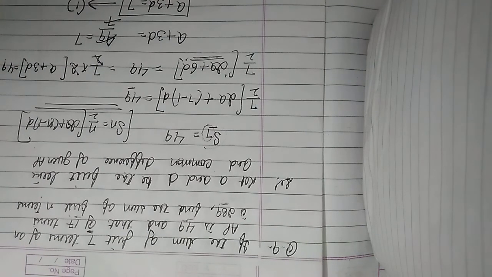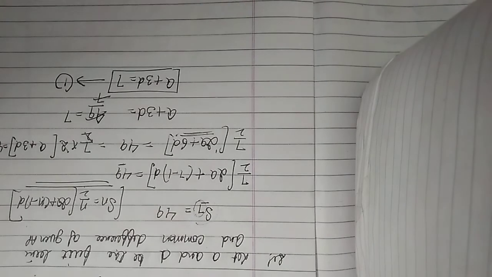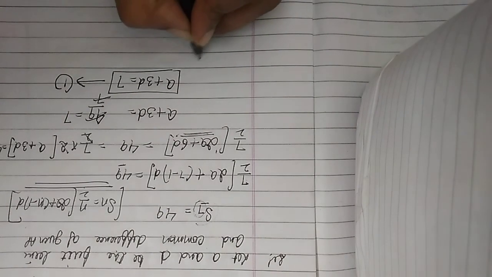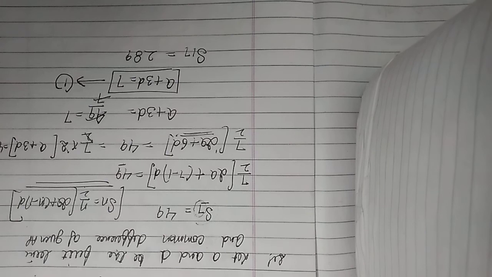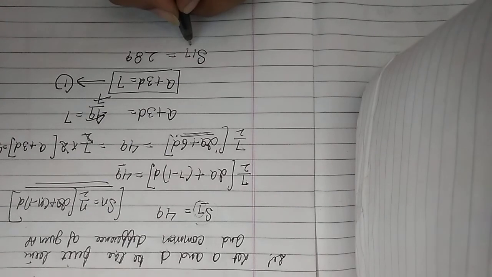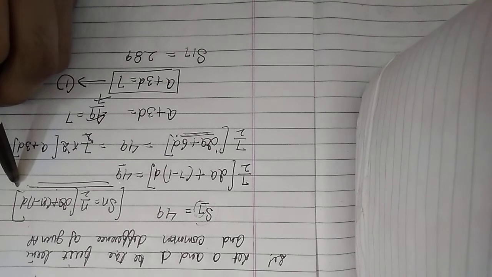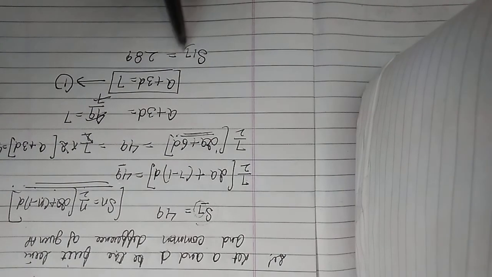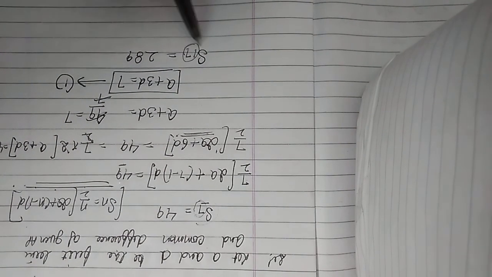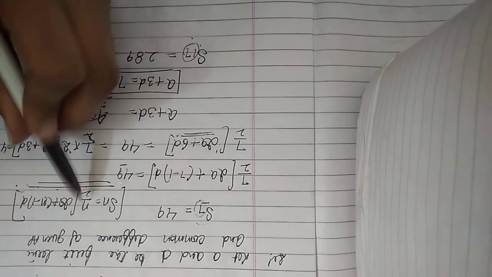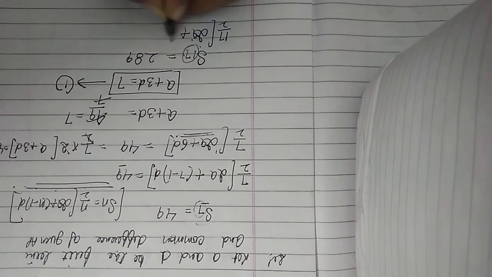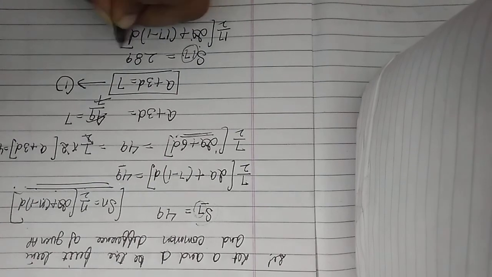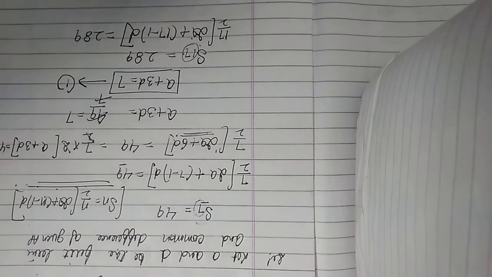Now from the second condition, the sum of 17 terms is 289. Again, using the formula Sn is equal to n by 2 into 2a plus n minus 1 into d. Now n is taken as 17 because the sum of 17 terms. So write down 17 by 2 into 2a plus 17 minus 1 into d equal to 289.